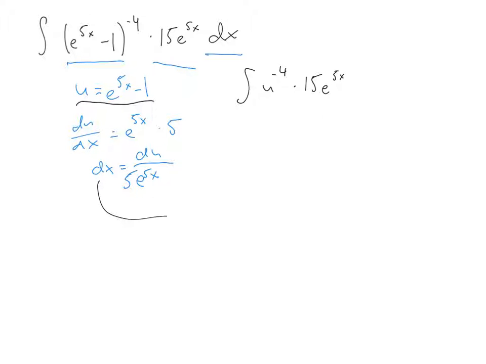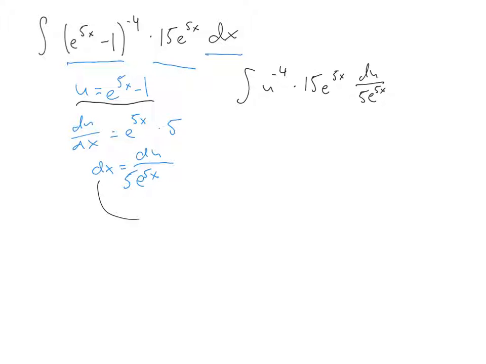But for dx, we're going to substitute in du over 5e to the 5x. And if we do that, then again we get some nice cancellations.